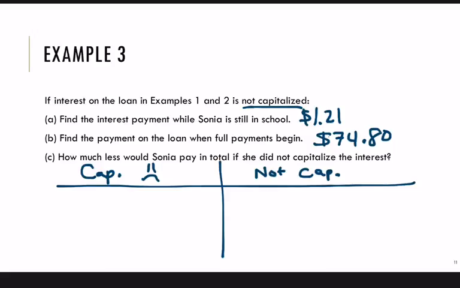So we found originally in example 2, we found her monthly payment in this situation with all that interest built in, and that was $96.42. Alright, and then in the not capitalizing situation, in this example, we found that if she does pay the interest off, then her monthly payment is only $74.80.